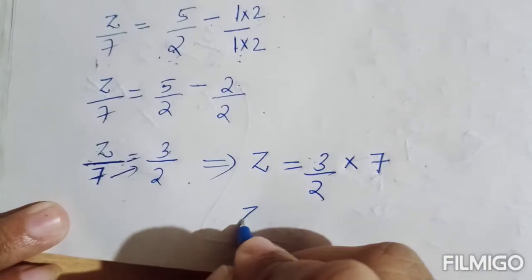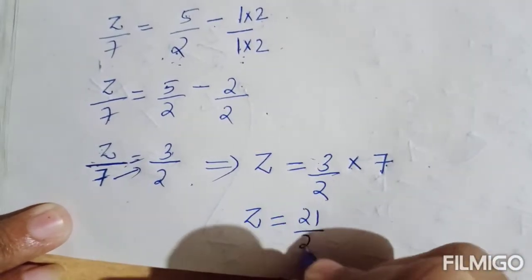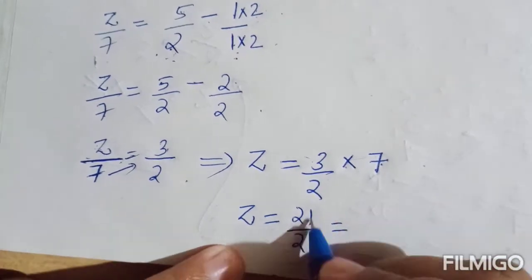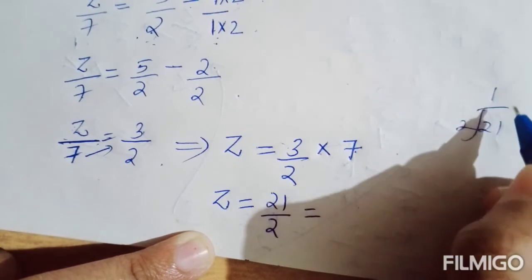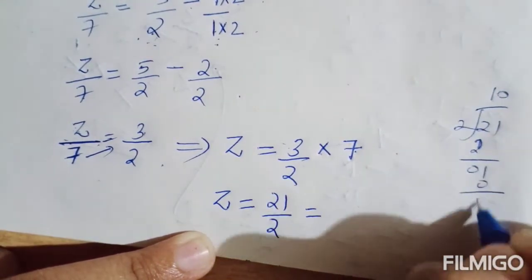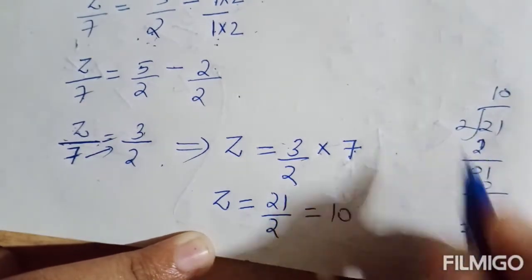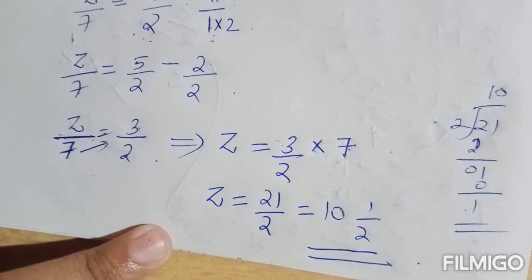Okay, that means z equal to 3 into 7, 21 by 2, which on converting to a mixed fraction, you will get 10 1 by 2. So z equal to 10 1 by 2 will be the answer.